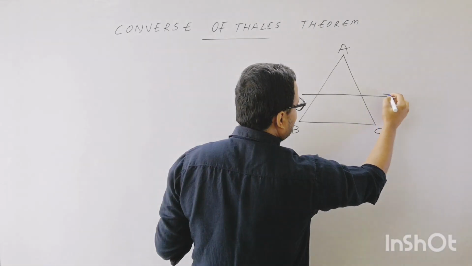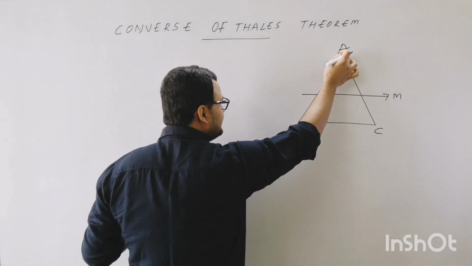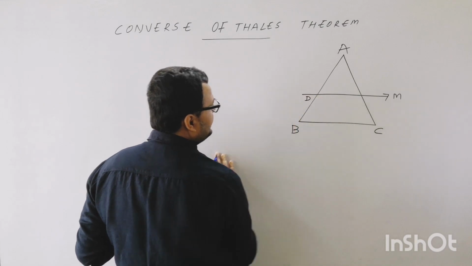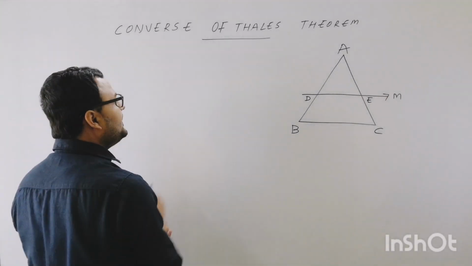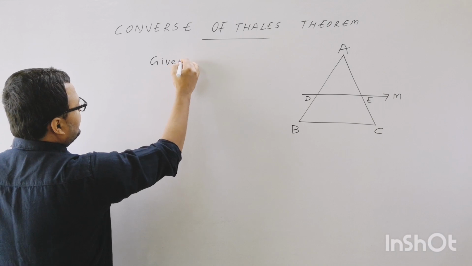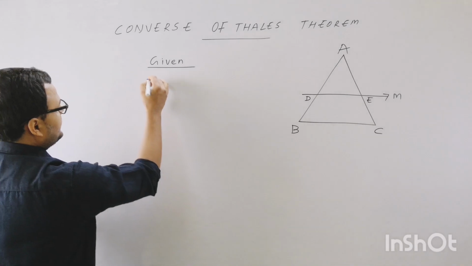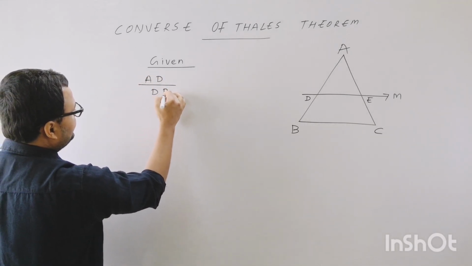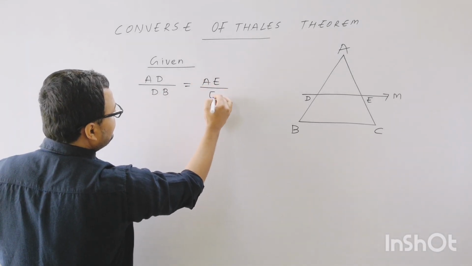Suppose this line is M and it intersects AB at D and AC at E. So according to it, what is given? It divides the two sides in the same ratio. Same ratio means AD by DB equals AE by EC.